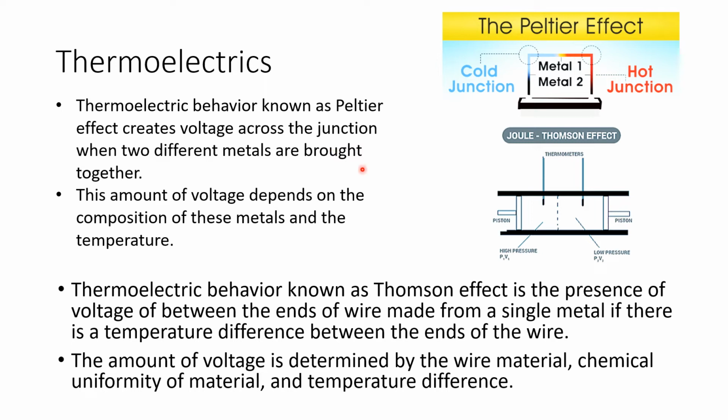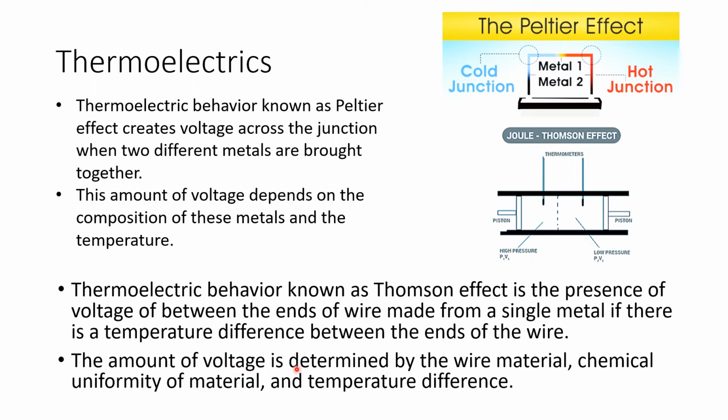Here, you've got two metals, you put them together and make a junction out of it, and you have a voltage across it. Again, you've got to have some sort of temperature change, and of course it depends on the composition of the metal. Materials matter, because materials are composed of a certain atomic structure, and your properties depend on these internal structures.